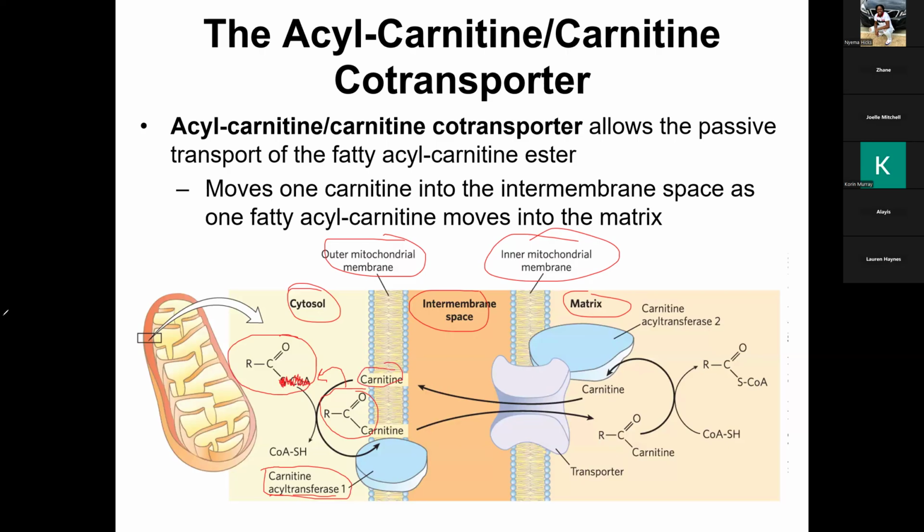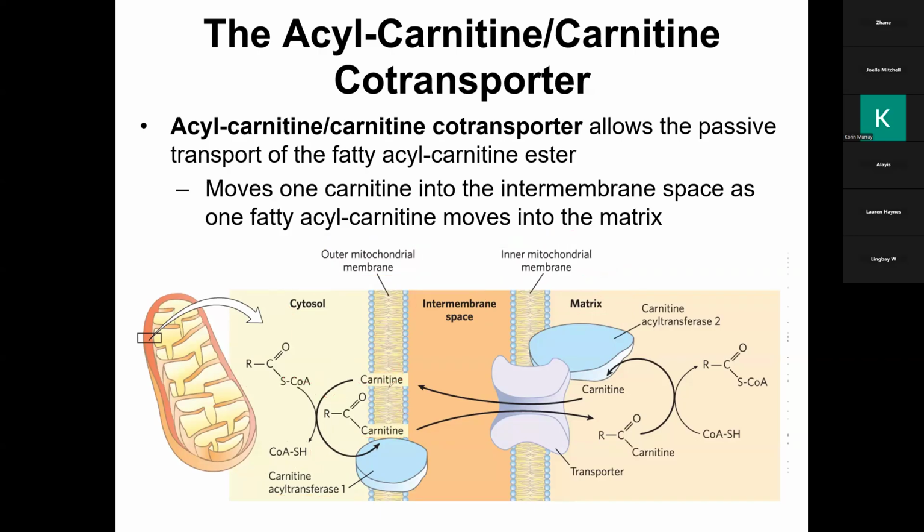So the acyl CoA will come off and get replaced with carnitine, generating the carnitine ester instead. I've drawn it slightly wrong there. I'll run through that again. So you get an exchange. You've got a fatty acid CoA.